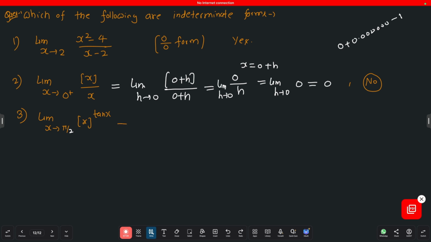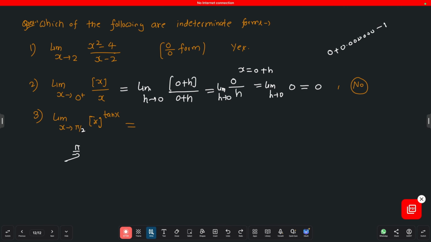What about this: x tending to pi by 2, greatest integer of x power 10x? The box function means greatest integer. If you put the direct limit, pi by 2 means how much? Not 90.